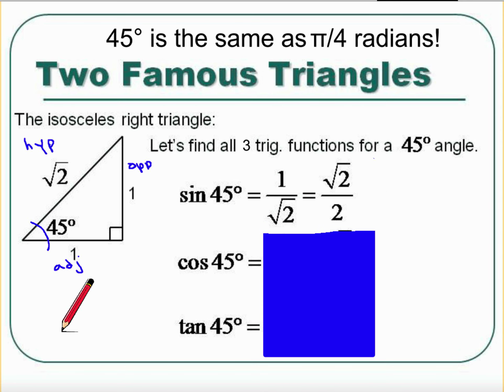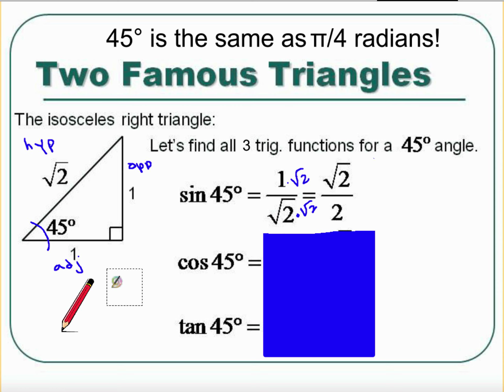Now, in the world of math, we like to do what we call rationalizing the denominator. You're not supposed to leave a square root in your denominator. So what you do is you take that square root that is in the denominator and you multiply it on the top and on the bottom. So really it's like a fancy 1, and 1 times the square root of 2 is the square root of 2, and the square root of 2 times the square root of 2 is 2. Easy peasy. It's the only time I'm going to explain that.